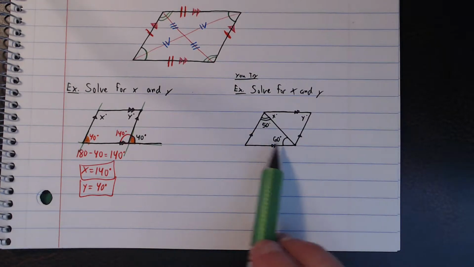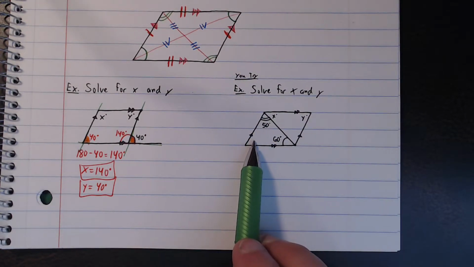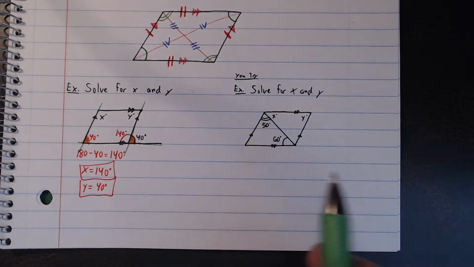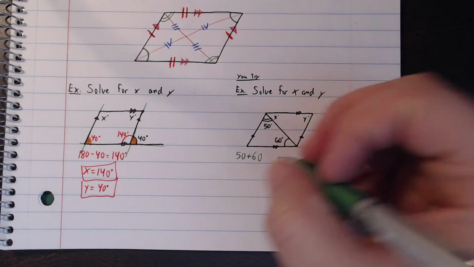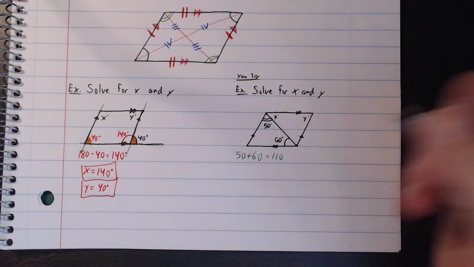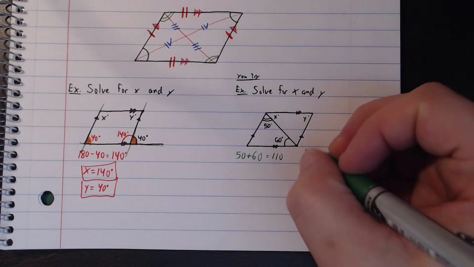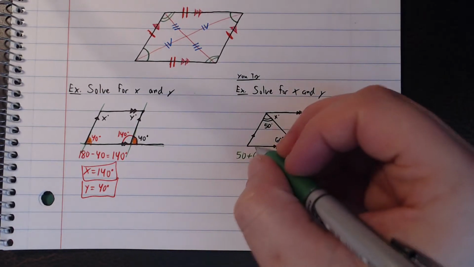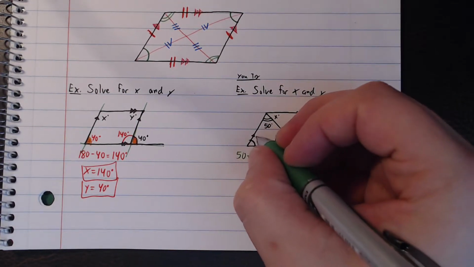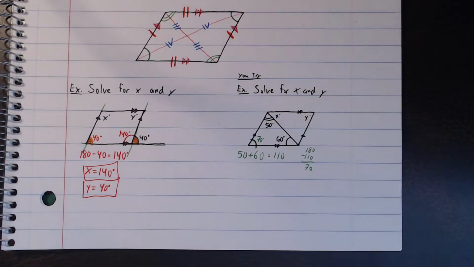If I have a triangle, I can figure out my missing angle measure by adding the two that I already know and subtracting from 180. Right, so 50 and 60 is 110. 180 minus 110, that's 70. So we found this angle right here to be 70.